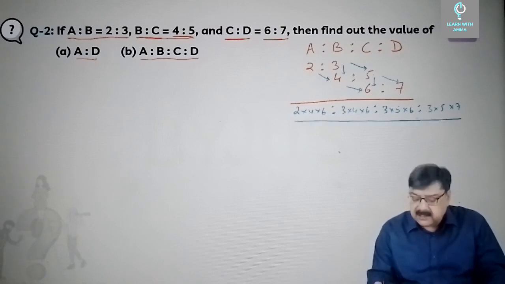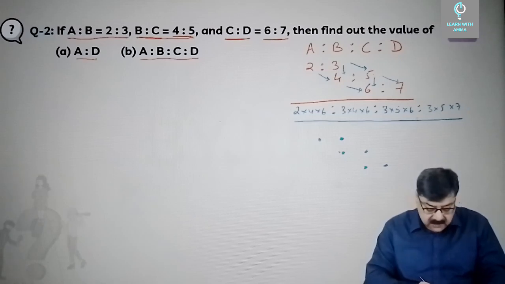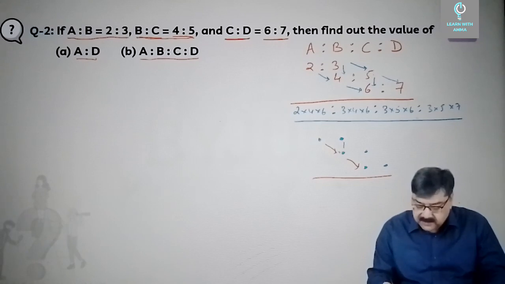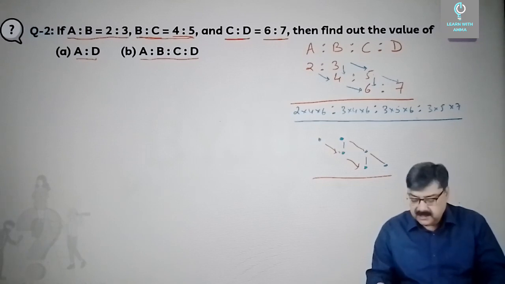If you have, let us say, I'm just writing these as points, 1, 2, 1, 2, 1, 2. This is how it is appearing, right? So the diagram is like this for the first one, then this, and then this, right? So it becomes something like this, as you can see.